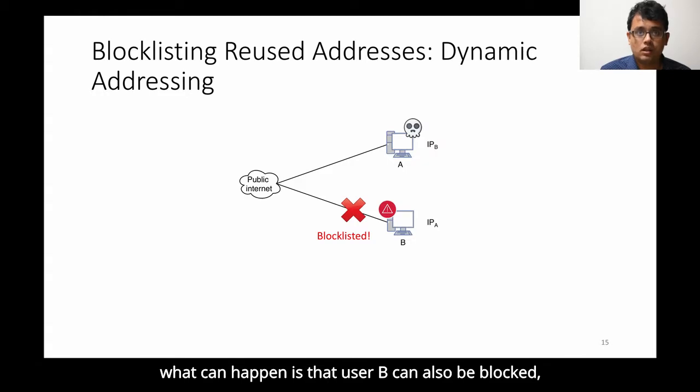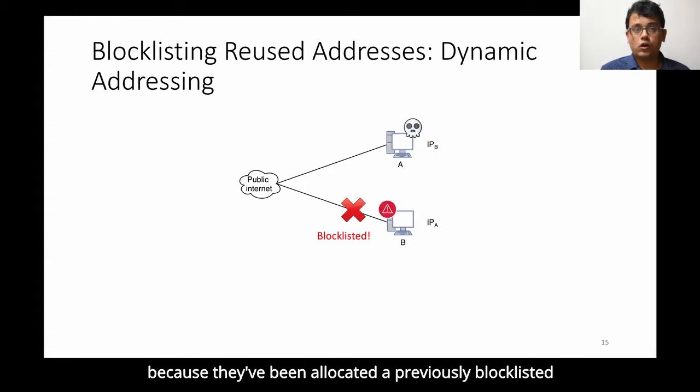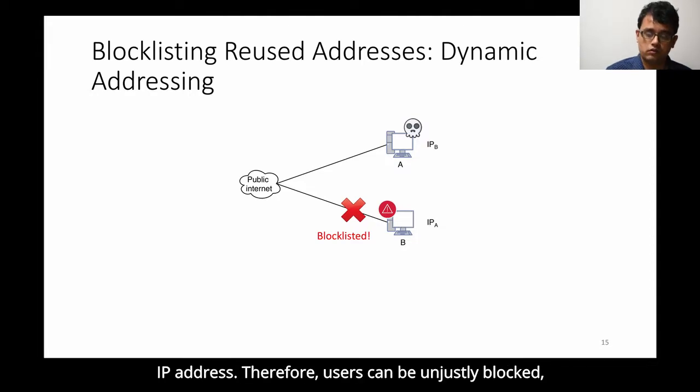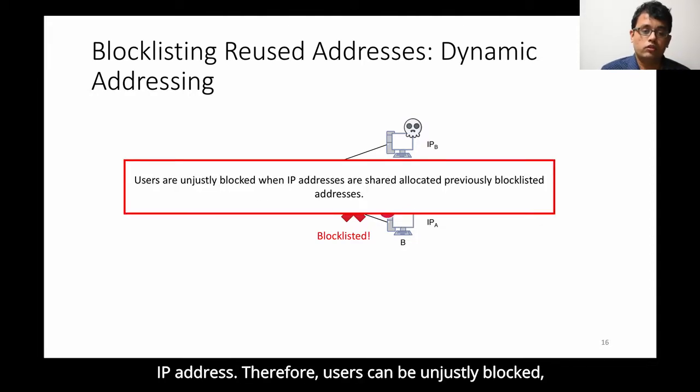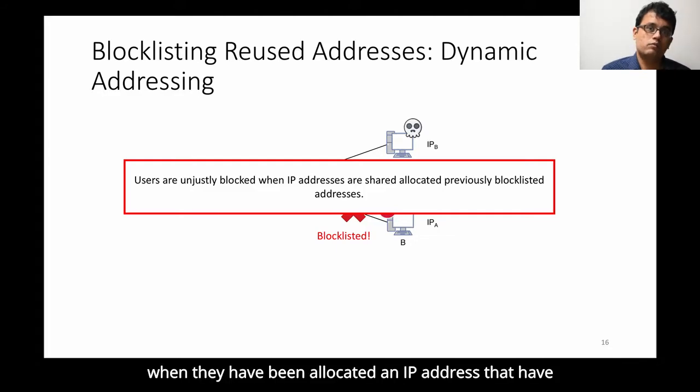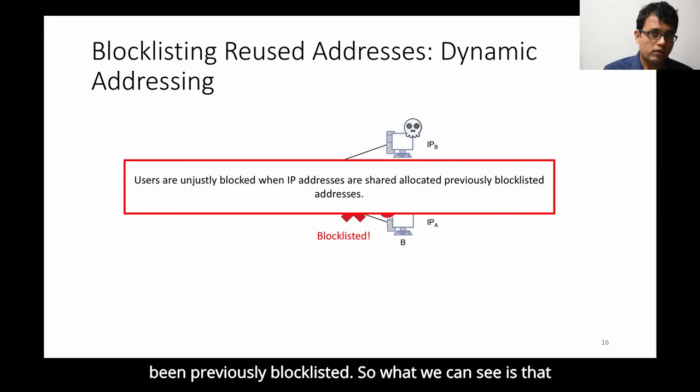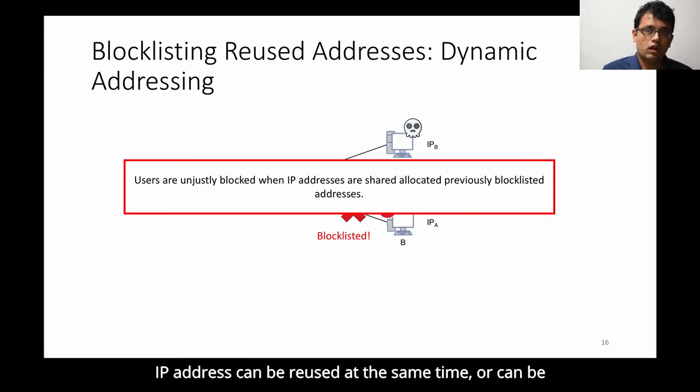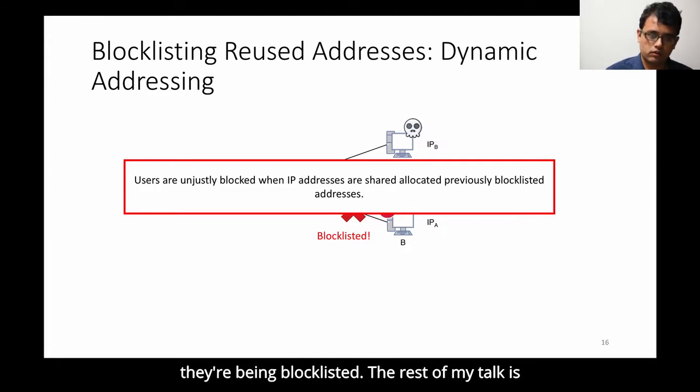What can happen is that user B can also be blocked because they're allocated a previously blocklisted IP address. Therefore, users can be unjustly blocked when they have been allocated an IP address that has been previously blocklisted. So what we can see is that an IP address can be reused at the same time or over time, and this can be problematic when they're being blocklisted.